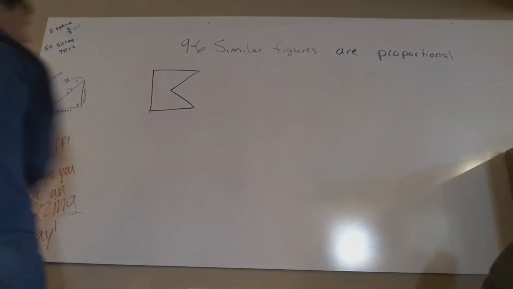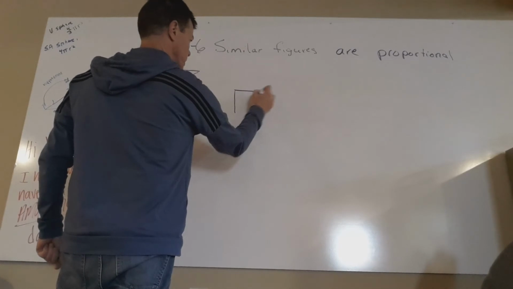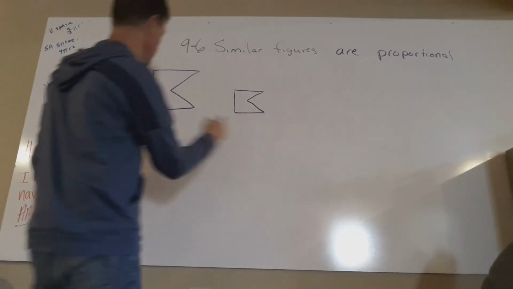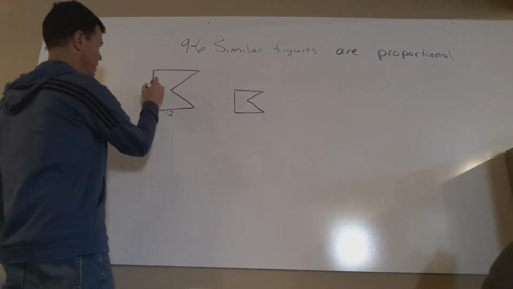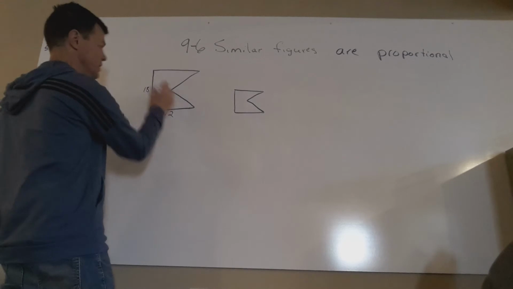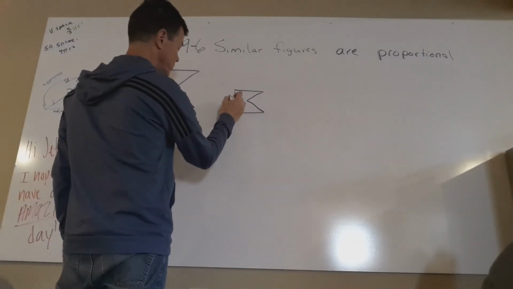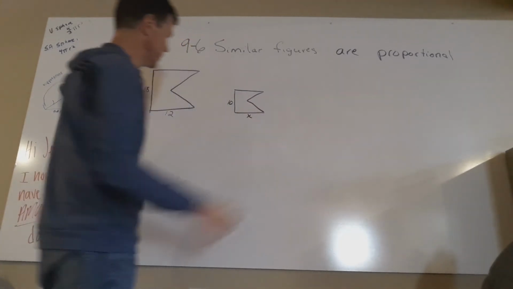There's one shape, and then here's the other shape. It's kind of like the mini-me. Call this 12. This one would be 18. This side is 10, and we need to solve for this.